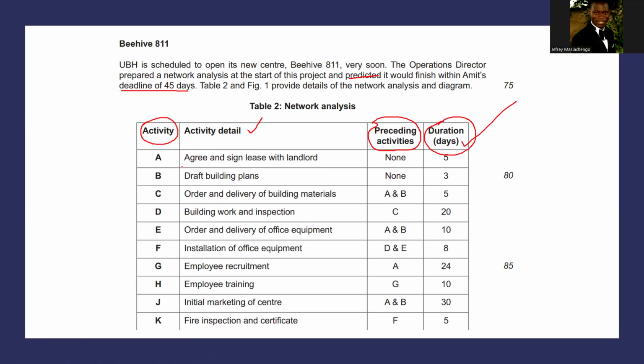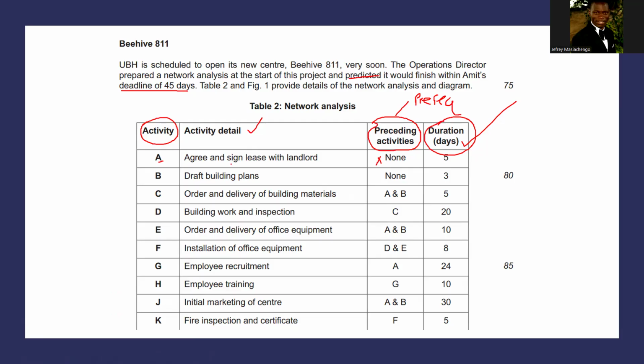Let's look at this. There is activity A. Preceding, it means this is a prerequisite. Okay, let me just write a prerequisite. Okay, I forgot my stylus pen. So this must be done first. So this activity, a preceding activity, must be done first.